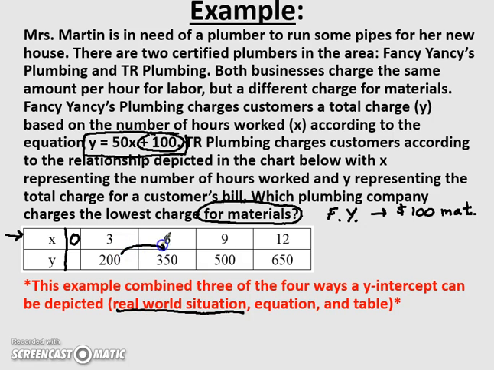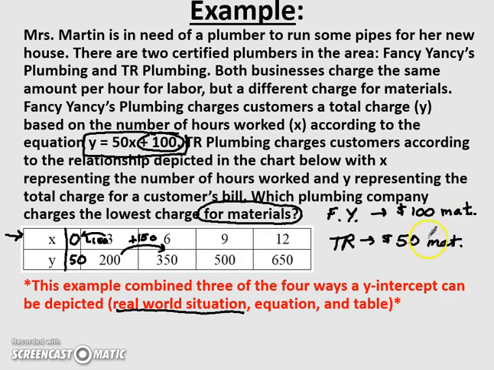So if it goes up by 150 in 3 hours, it would go down by 150 in 3 hours. So if we take 200, take away 150, we get $50 left. So TR Plumbing charges $50 for materials.